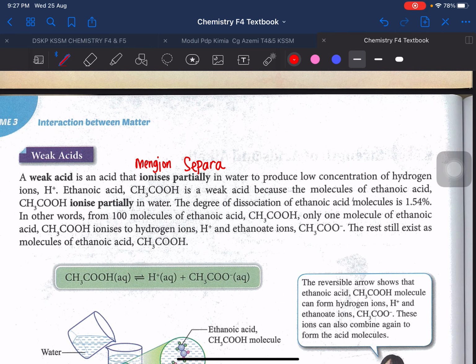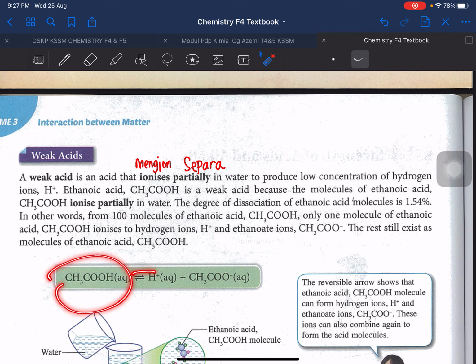Okay. A weak acid is an acid that ionizes partially in water to produce low concentration of hydrogen ions. Ada hydrogen ion, tapi dia punya concentration, dia punya kepekatan rendah. Rendahlah. Ethanoic acid adalah contoh weak acid because the molecules of ethanoic acid ionize partially in water.